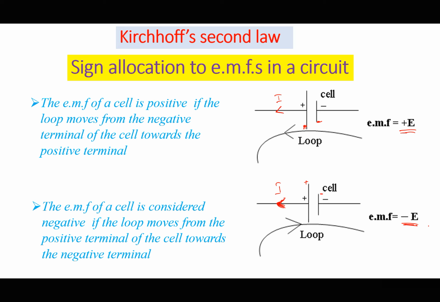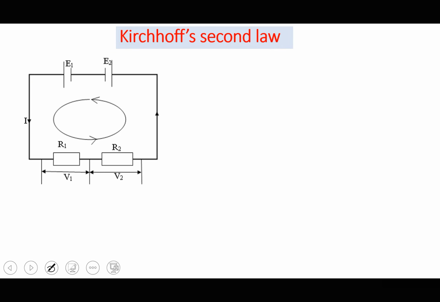Let's use the sign allocations in an example. In this example, I have two cells. One has EMF E1 and another one has EMF E2. And I have chosen a loop. When I talk about the loop, it shows the direction that I have to move around the circuit.